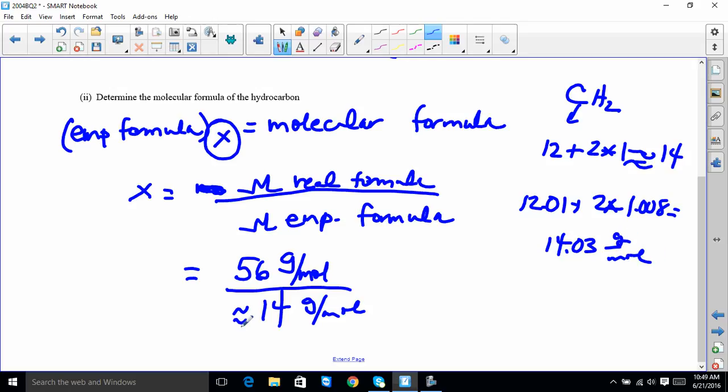And so when you do 56 divided by approximately 14, you end up with 4. Meaning that the real molecule is actually 4 times heavier than the empirical formula. And so to finish this problem, I have to extend the page.